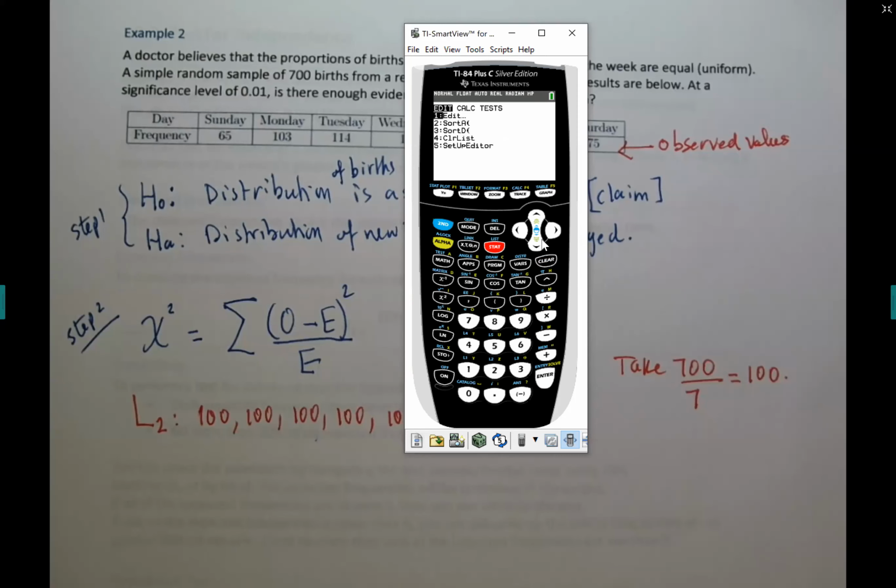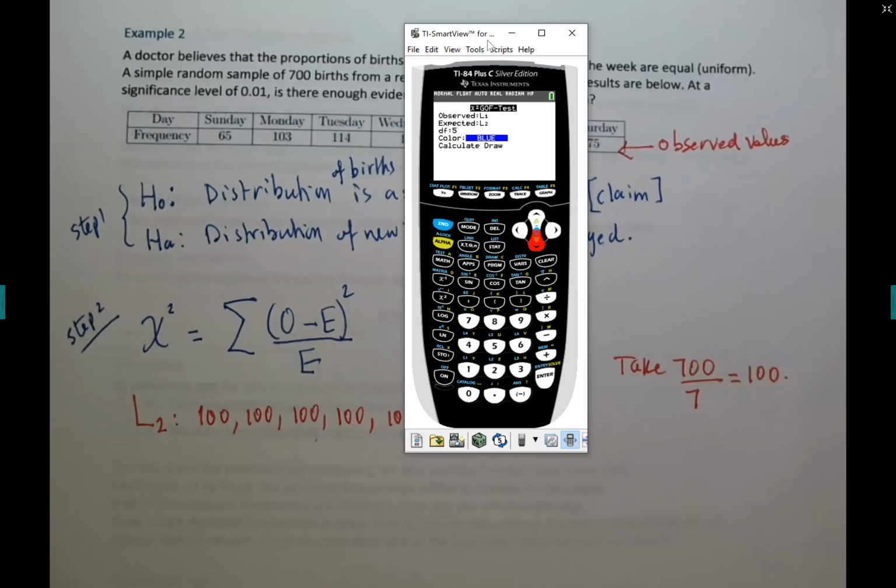Stat, tests, up. Now, goodness of fit test. Observed values, L1. Expected values, L2, so that's real good. Degrees of freedom. Degrees of freedom is number of categories minus 1.